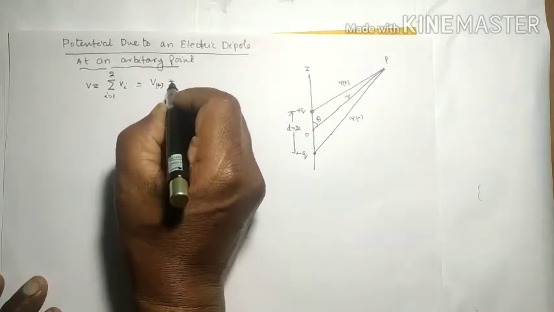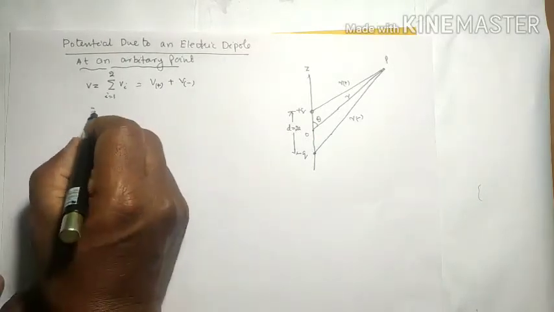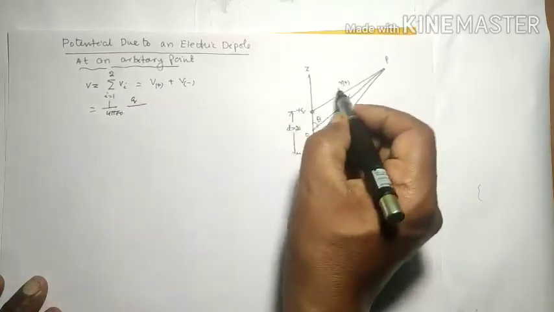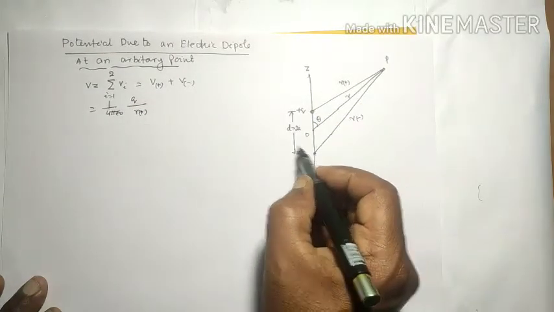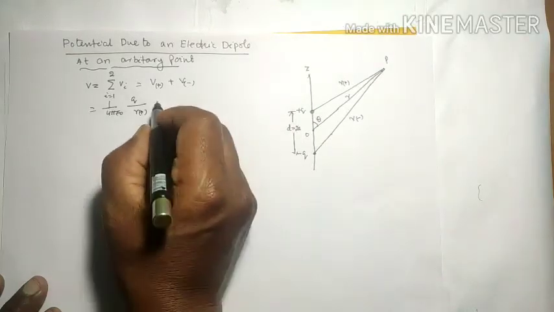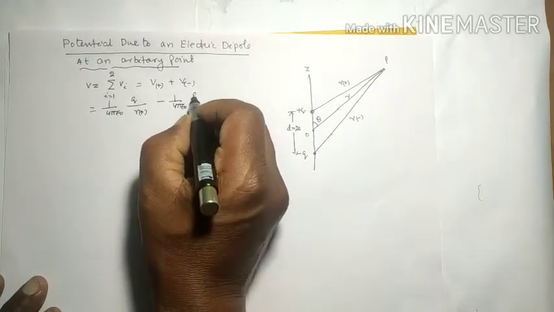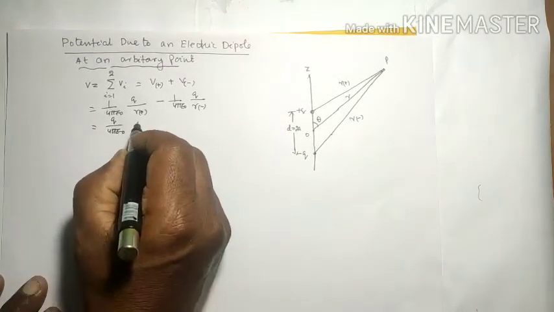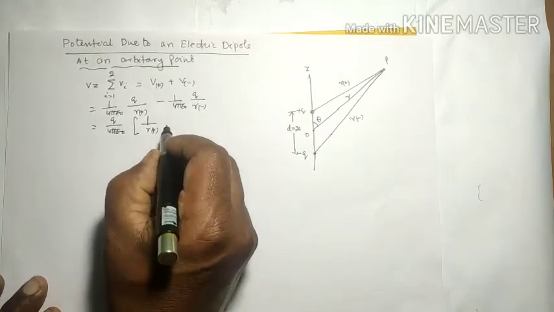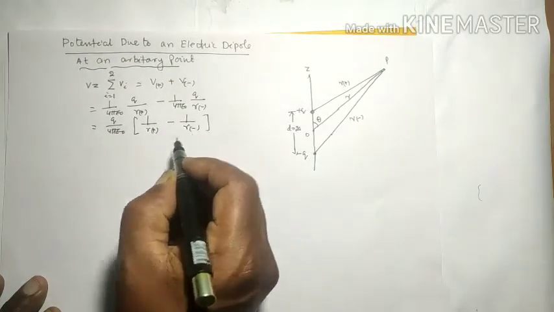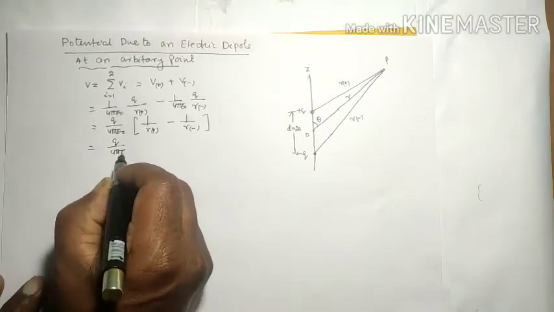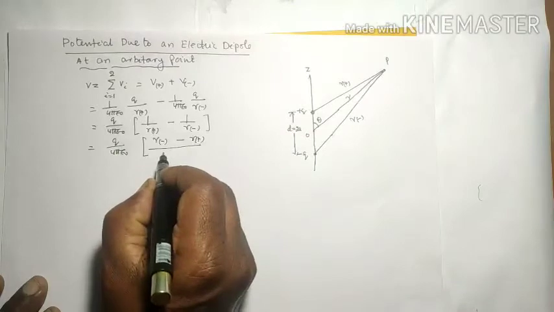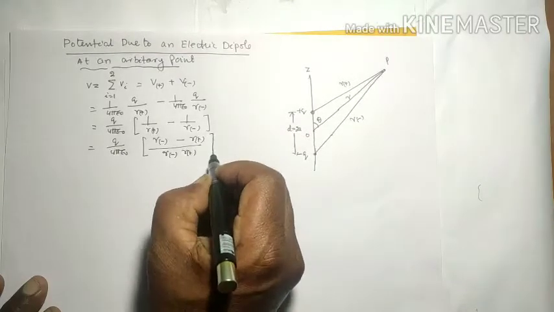V plus is 1 by 4 pi epsilon 0 q by r plus, and V minus is, since this charge is minus, minus 1 by 4 pi epsilon 0 q by r minus. So q by 4 pi epsilon 0 into 1 by r plus minus 1 by r minus. So q by 4 pi epsilon 0 into (r minus minus r plus) by (r minus into r plus).